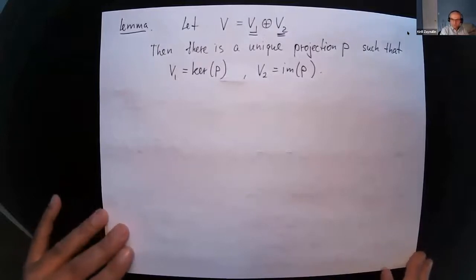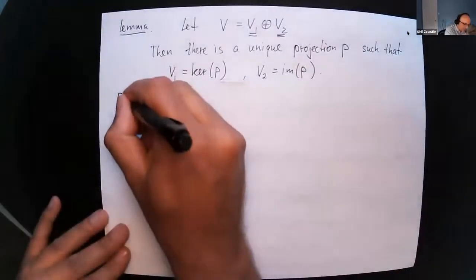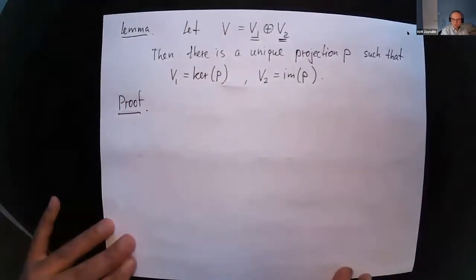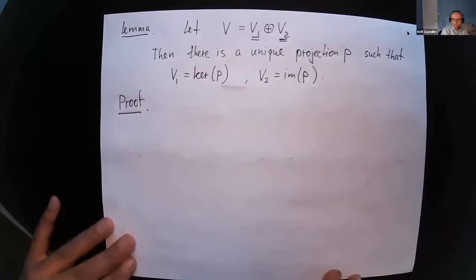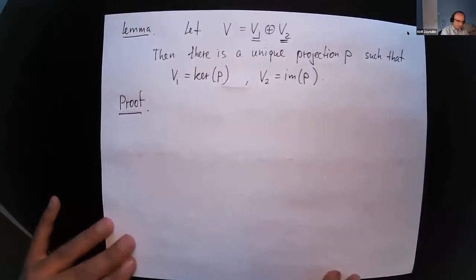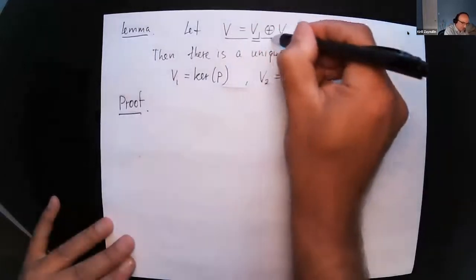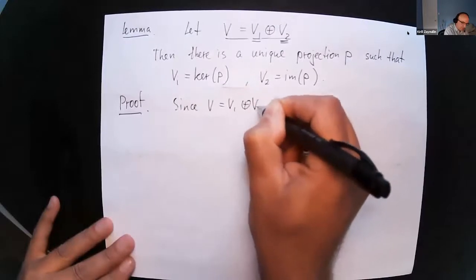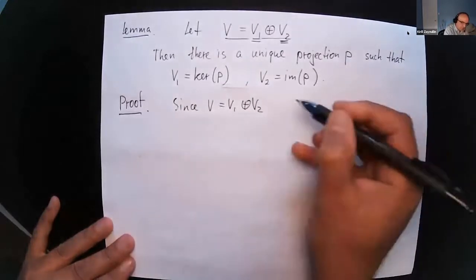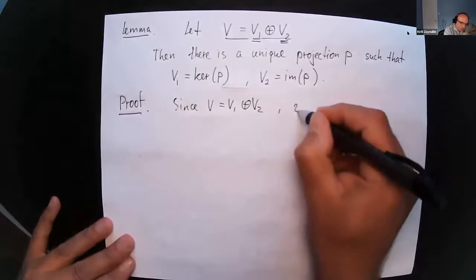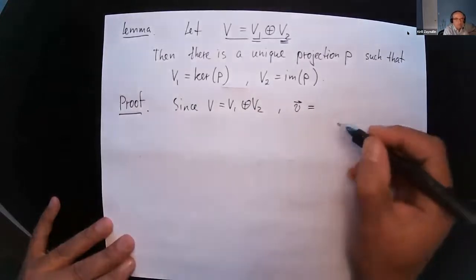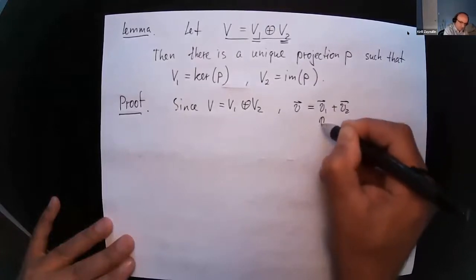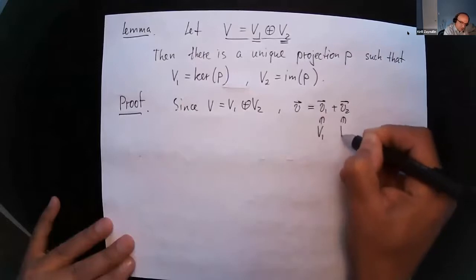Okay, let me just justify it. We have some minutes left to do this. First of all, since V is a direct sum of two subspaces, we can of course express any vector V as a sum of two vectors, V1 and V2, where the first is from capital V1 and the second is from capital V2.